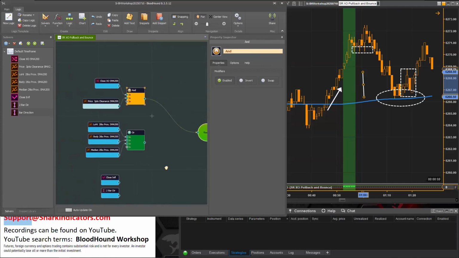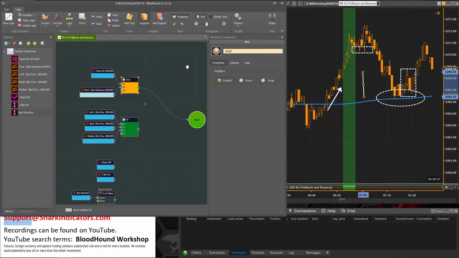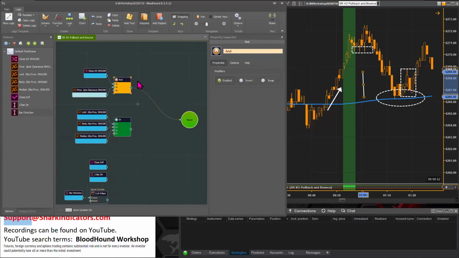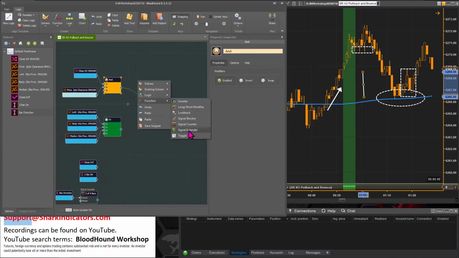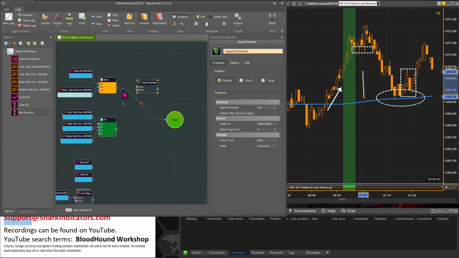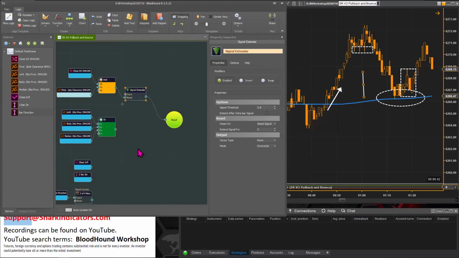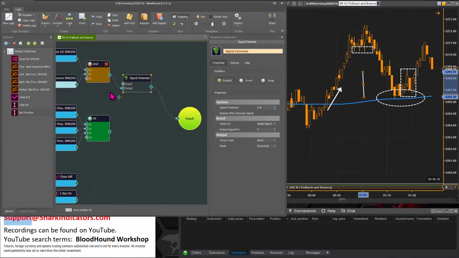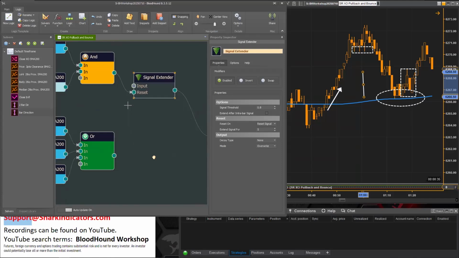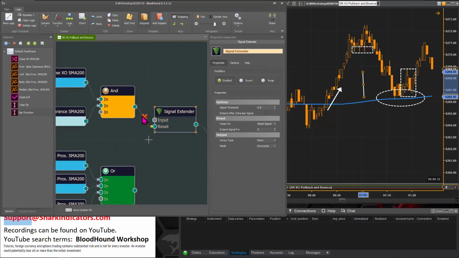So now we need to get this extended forward until price retraces for that possible bounce. All right, so this time we definitely will need a signal extender here. Make sure you connect it into the right connection point. You can see I connected it into the reset by accident.